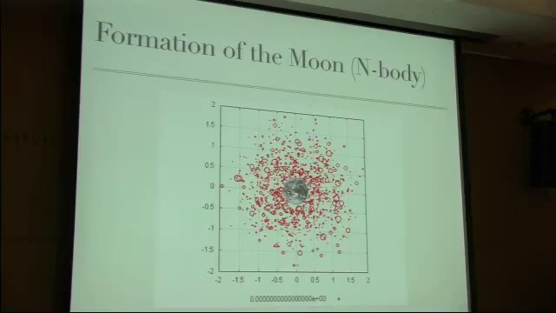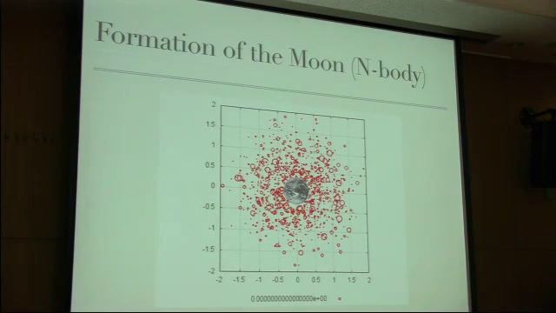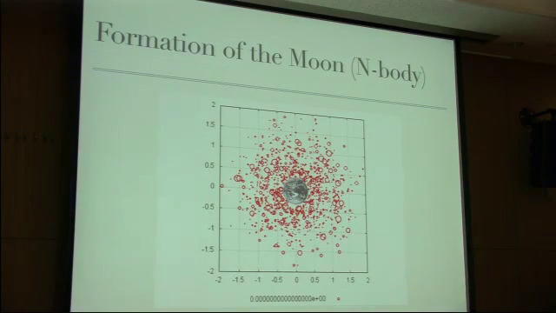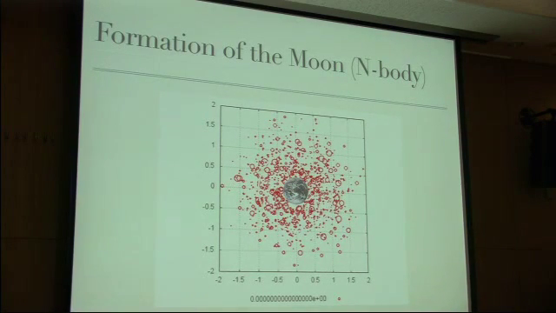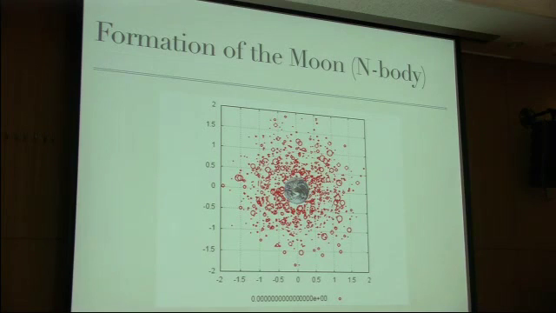Yes, I show you. The next simulation is the N-body simulation for the formation of the Moon, simulated by myself recently. It's very easy to simulate nowadays. Okay, so here is the proto-Earth, and these red circles represent the giant impact fragments.